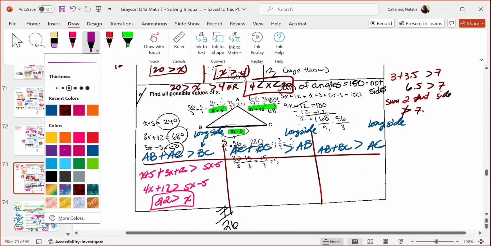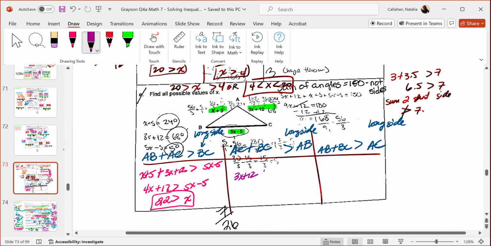Next one, AC, which is 3x plus 12. BC, which is 5x minus 5, is greater than the long side AB, which is x plus 5.